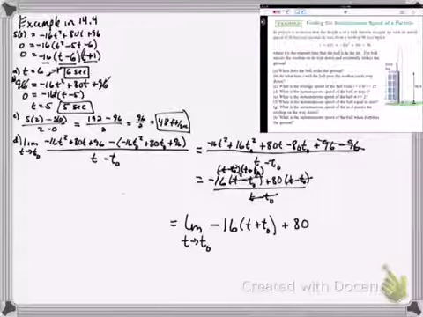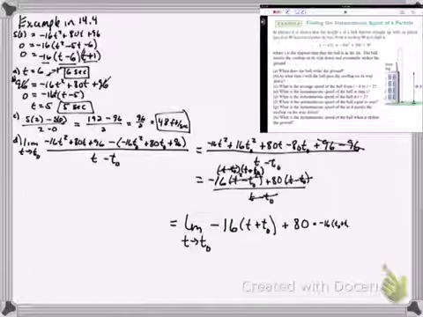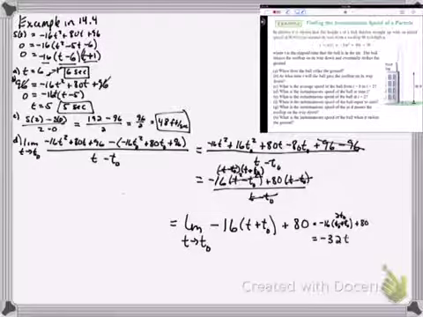And that will simplify to the negative 16 times t sub 0 plus t sub 0, plus 80. So there's really two t sub 0's, right? So that's really negative 32 t sub 0 plus 80.